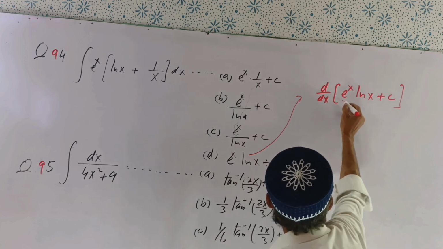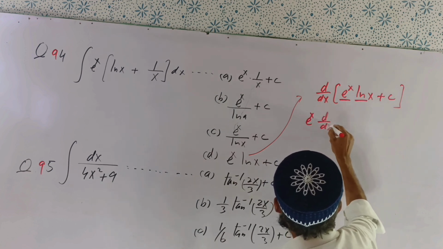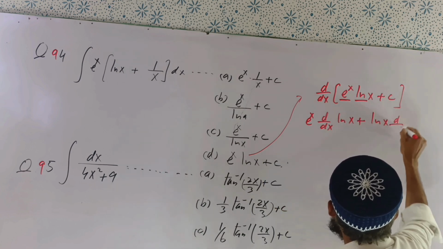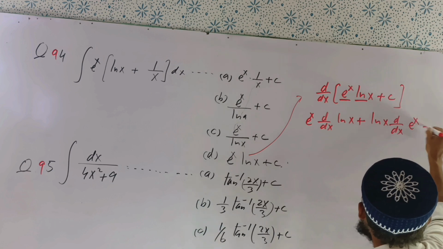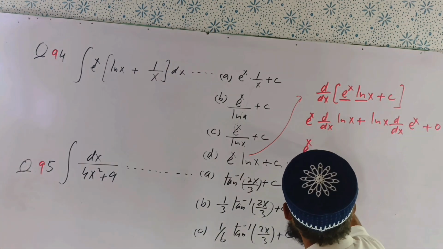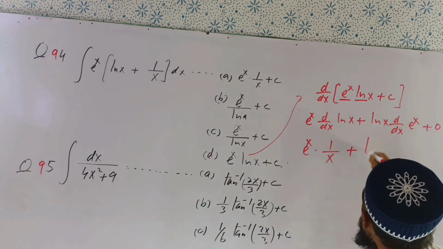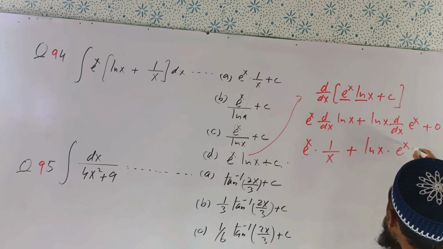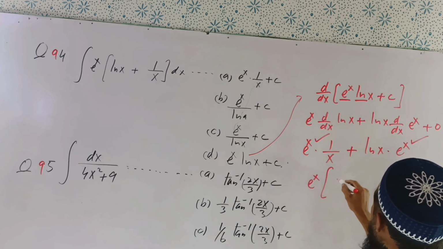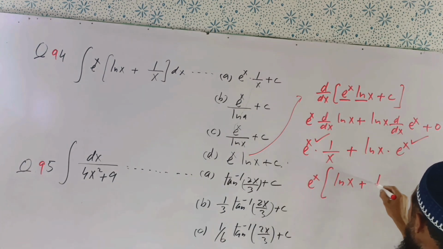Look here, we are using the product rule: e power x times derivative of log of x, plus log of x times derivative of e power x, plus derivative of the constant, which is equal to 0. So we get e power x times 1 over x plus log of x times e power x. Taking e power x common and arranging according to the question, we get log of x plus 1 over x.